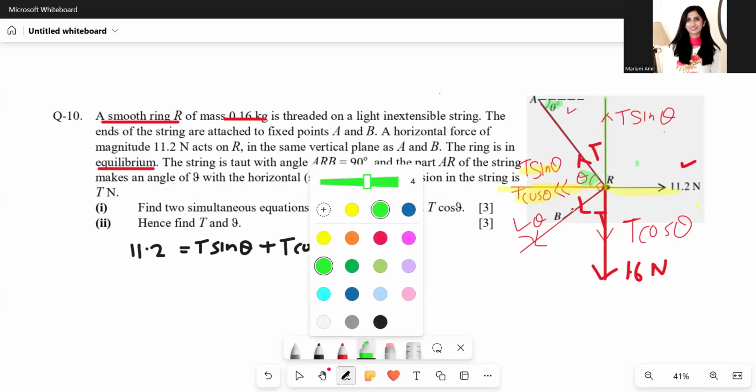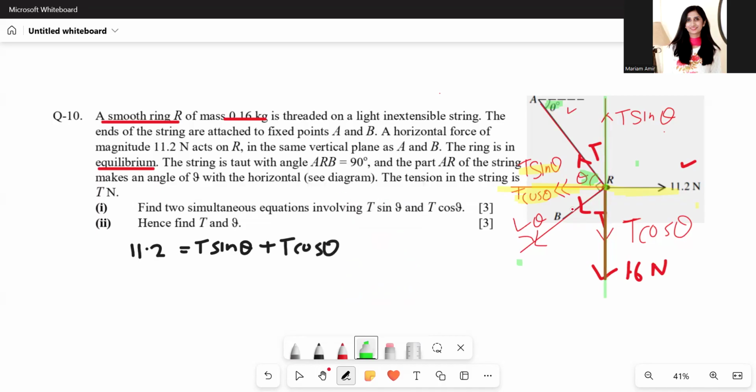There's only one up force, T sin theta, and there are two down forces, 1.6 and T cos theta. So T sin theta equals 1.6 plus T cos theta. This should be the answer for part 1. Let me quickly verify. Yes, that is correct. Both these equations are correct.